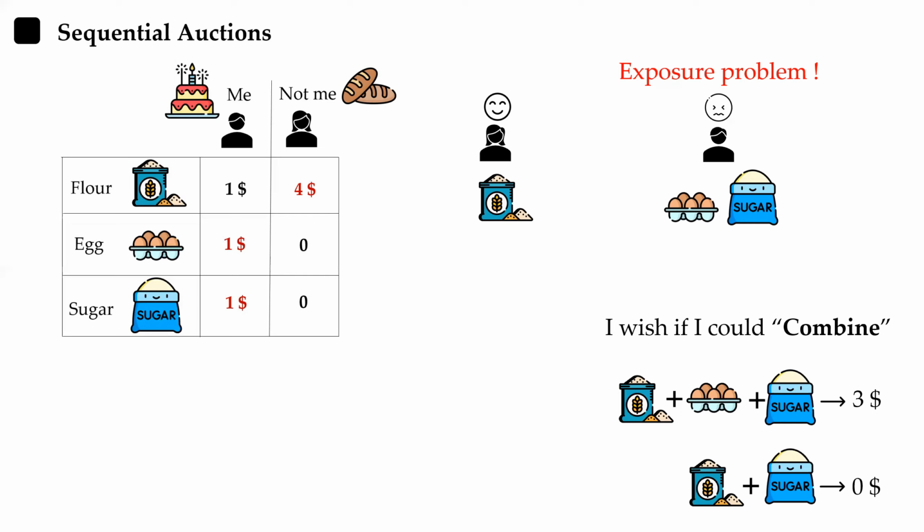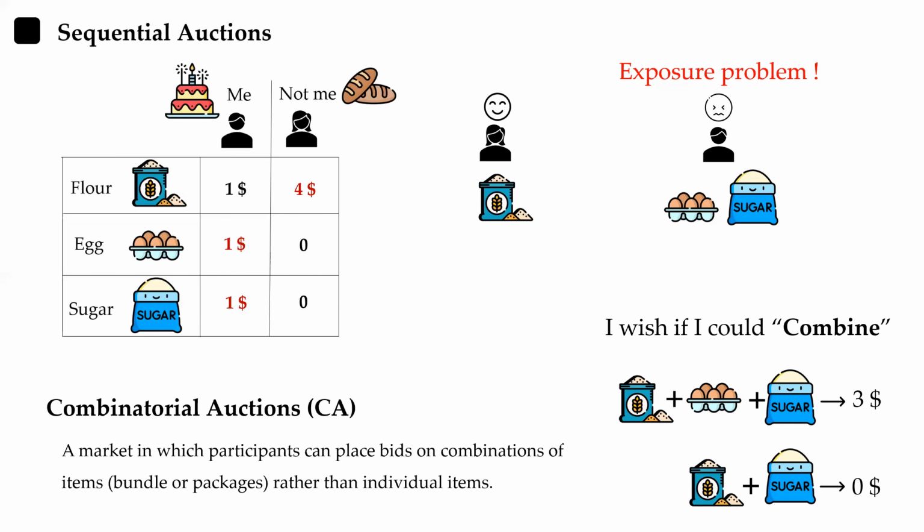And if I could combine the 3 ingredients together in a single bundle and just bid for them, and bid 0 for any other combination of ingredients, any bundle that does not contain the three ingredients together. And this is exactly what a combinatorial auction tries to help with.